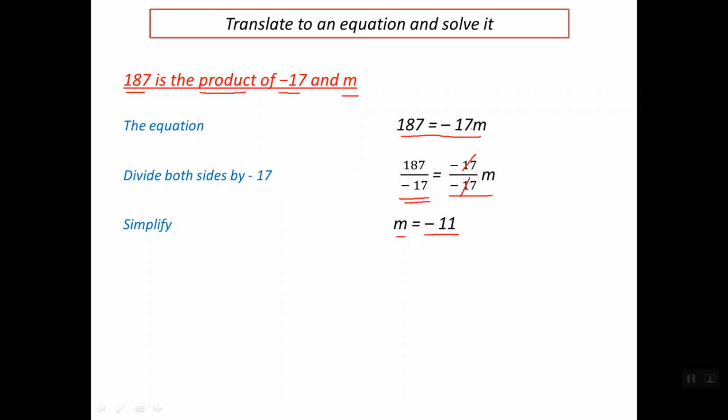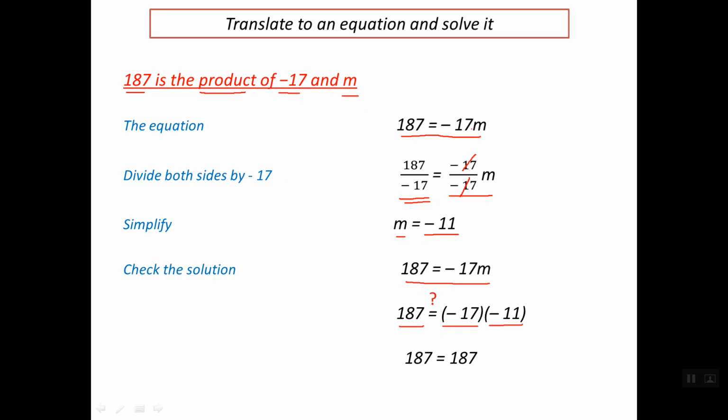Now we can check this solution by substitution. So this is the equation. The left side is 187 and the right side is minus 17 times m, so minus 17 times minus 11. We need to check the balance of this equation.